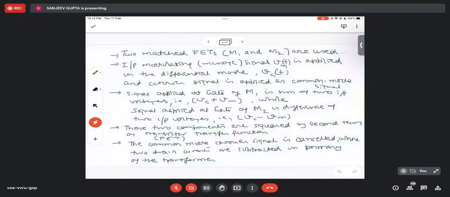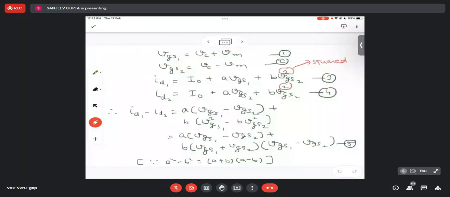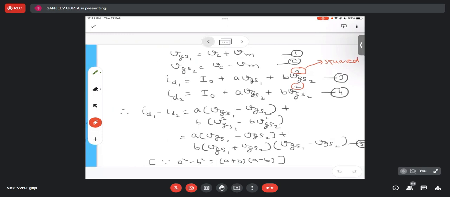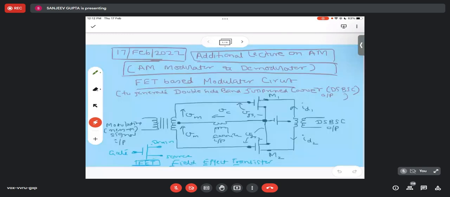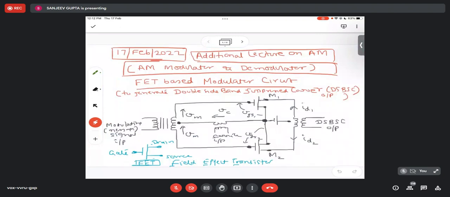The second one is just a small description, but the real thing we can understand from this equation, which we described in slide 2. I have two voltages, VGS1 and VGS2. VGS1 is the gate to source voltage of transistor M1, and VGS2 is the gate to source voltage of transistor M2.